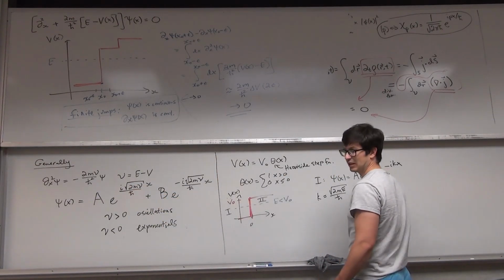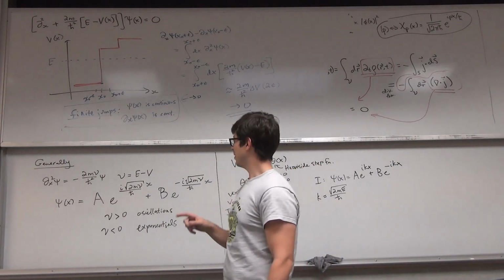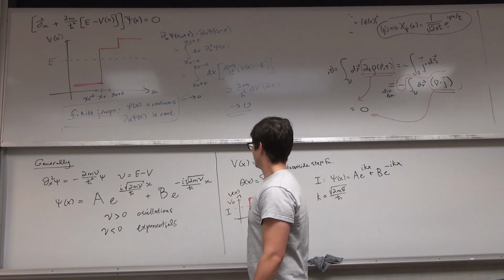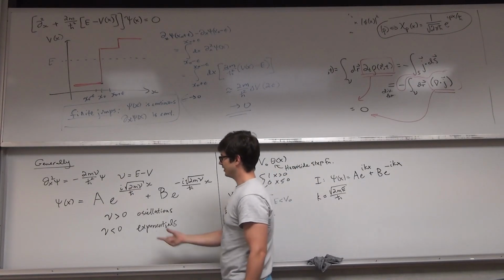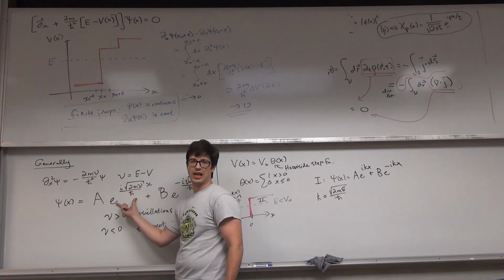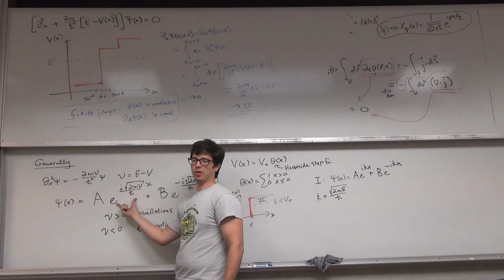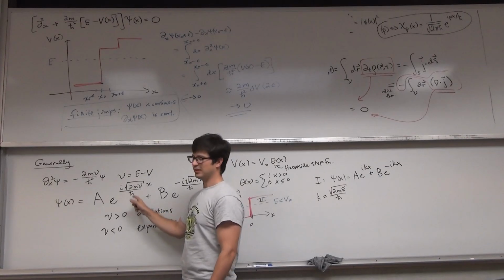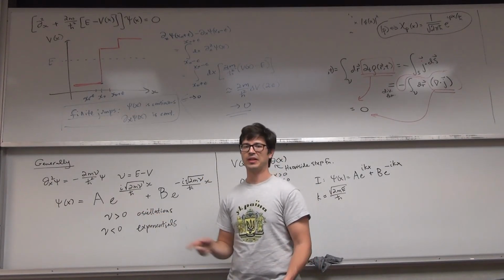Now, what does this mean? If you think about it, remember when we were looking at positions and momenta, we argued that this guy, even though it's not a normalizable function, you can't square integrate it, corresponds to an eigenket of momentum.